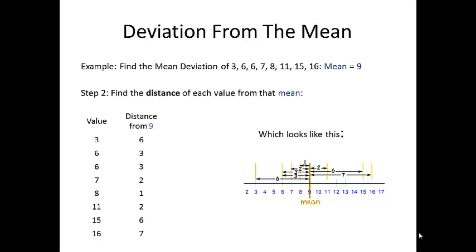If we were to draw out the values in this data set on a number line and indicate the mean, we can see the distance between each value and the mean. This is a useful diagram to copy into your notes.